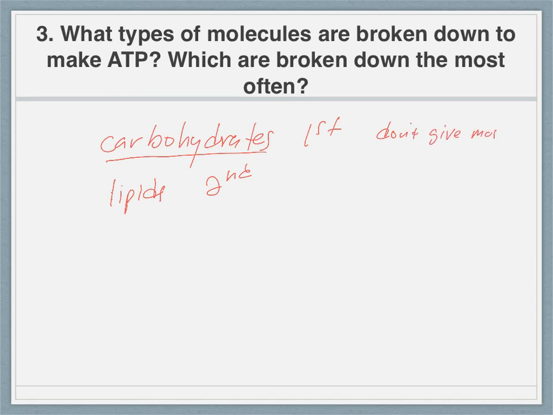The most energy produced would actually be from lipids. It's just harder to do, harder to get to. And the proteins hardly ever, but they can be used in a pinch.